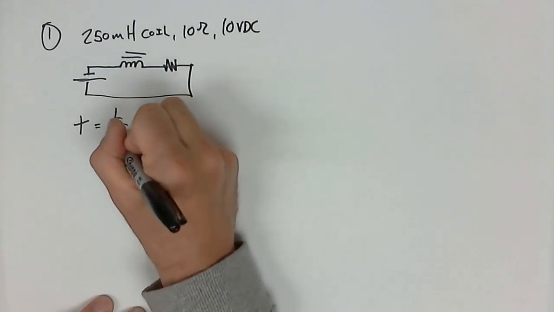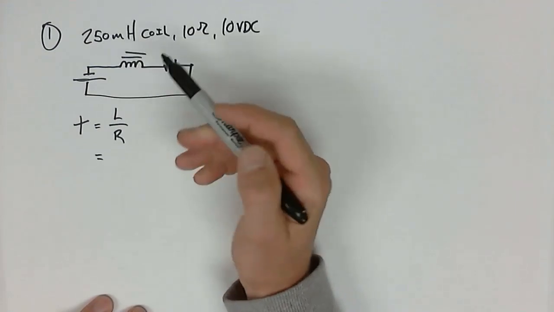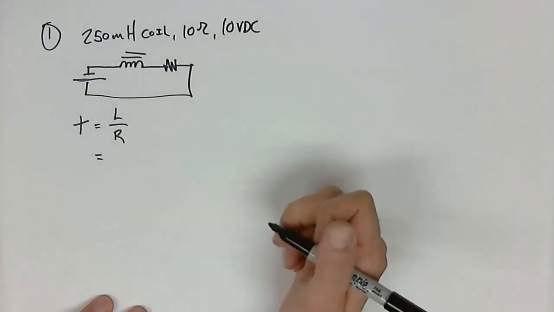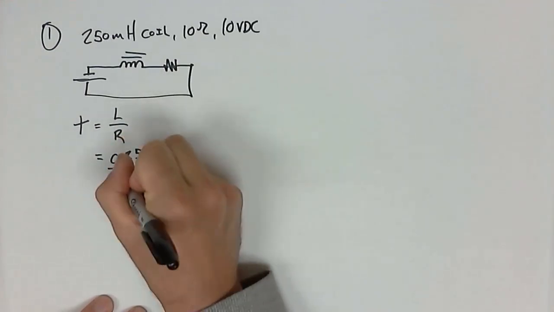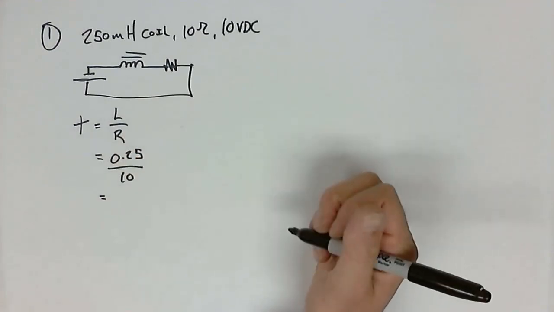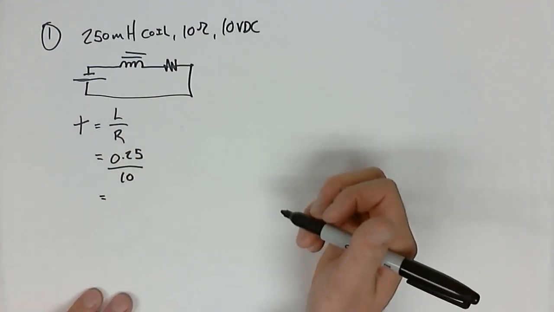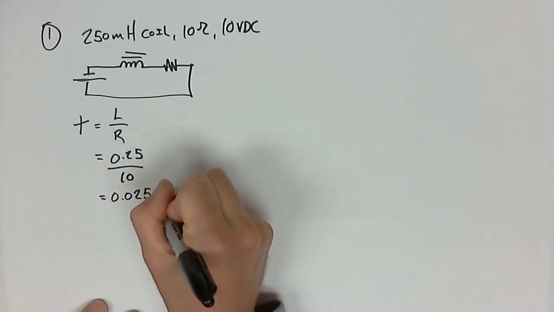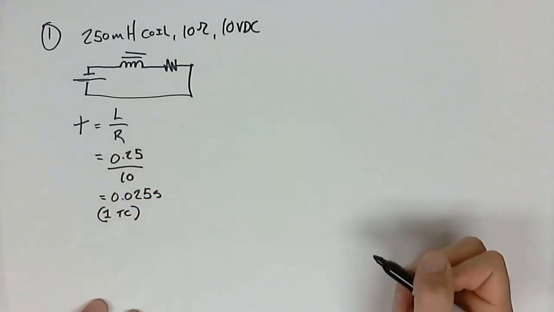Well, we know that is L over R, and when we calculate L, we need to convert this back to henries. Moving it 1, 2, 3 decimal places to the left gives me 0.25 henries divided by 10 ohms of resistance. That gives me the amount of time in seconds of 0.025. This would be for one time constant.